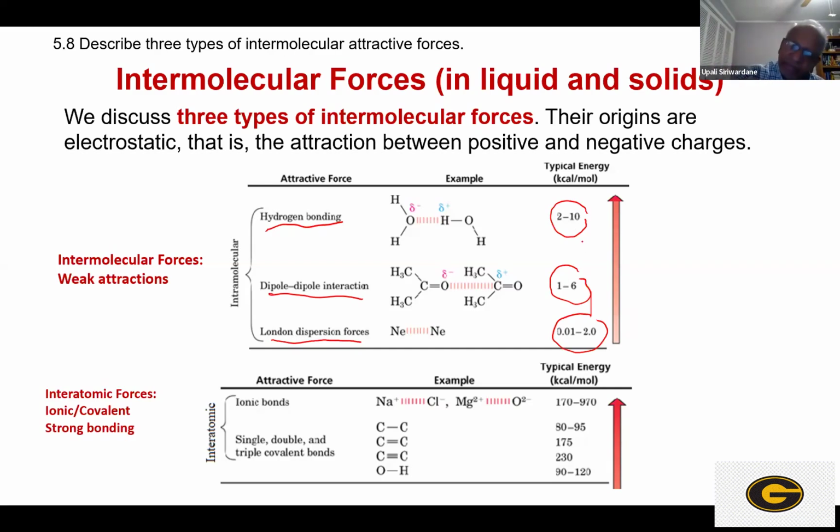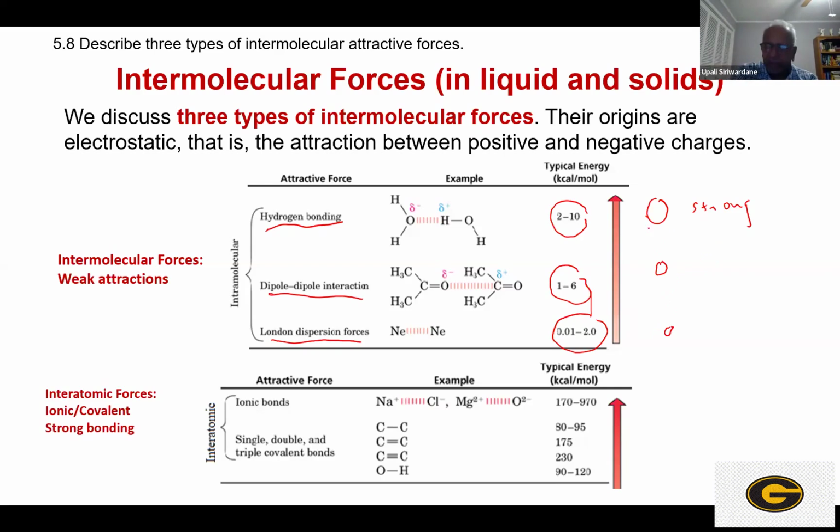If you compare these 3 to light bulbs, this is a strong light bulb. Strong light bulb means the strongest attraction. Then this is less bright. This is weaker.